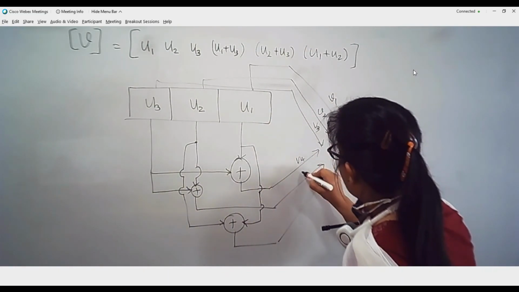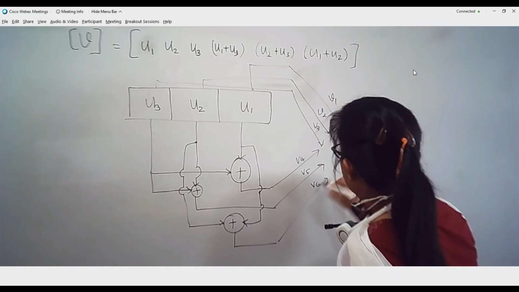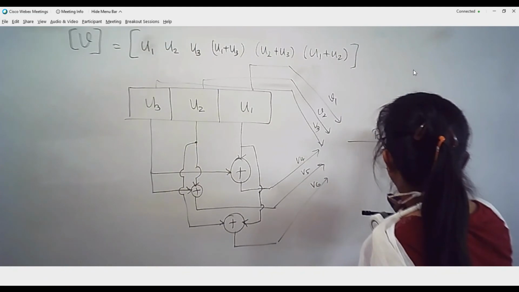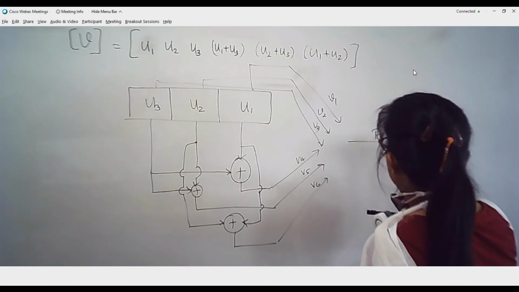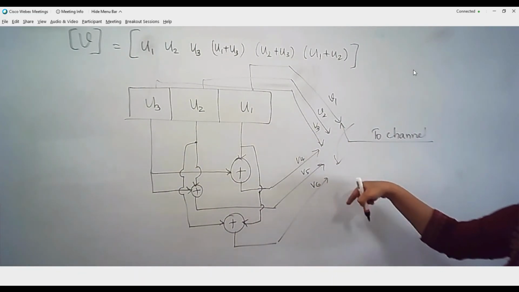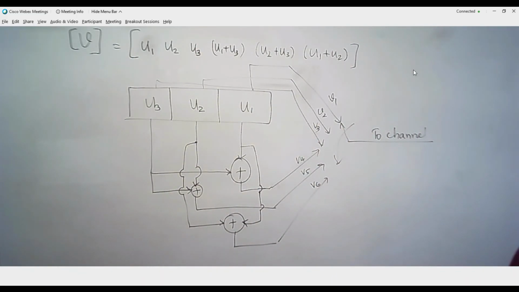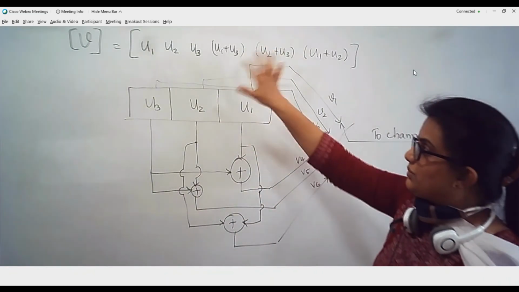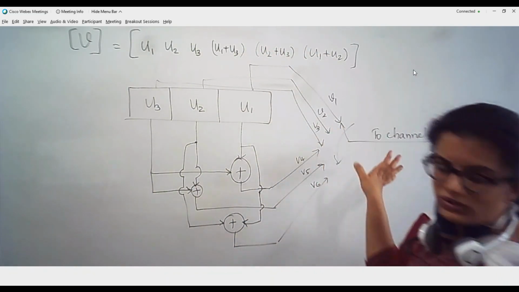This one would be V4, V5, V6, and this will be sent into the channel using a commutator, which will be swinging from V1 to V6. So this is the arrangement used to encode the incoming message bits and then send them over the channel.